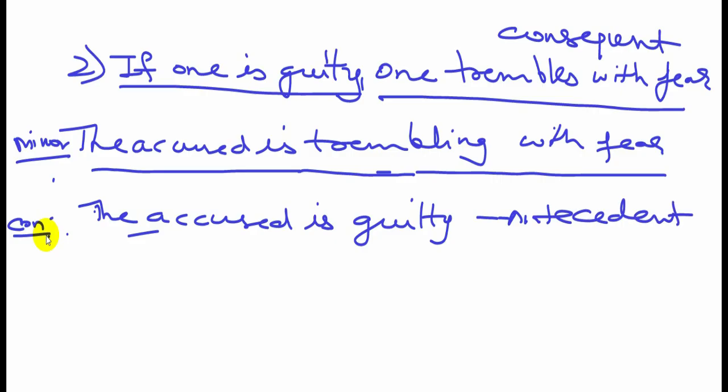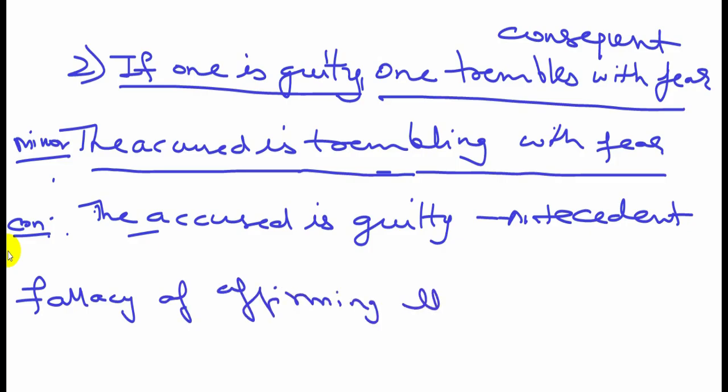So this argument commits the fallacy of affirming the consequent. The minor premise should affirm the antecedent and not the consequent. Okay, so this is a wrong example. This is a fallacious argument.